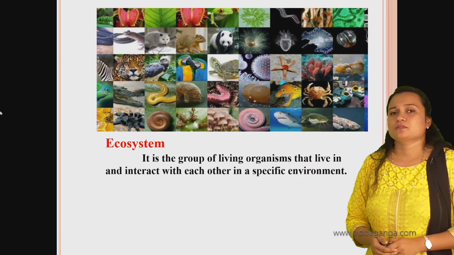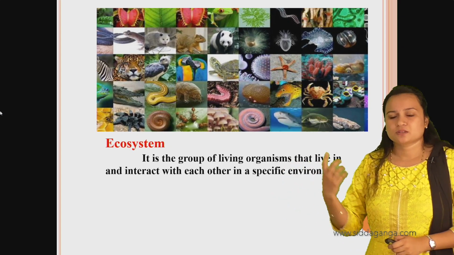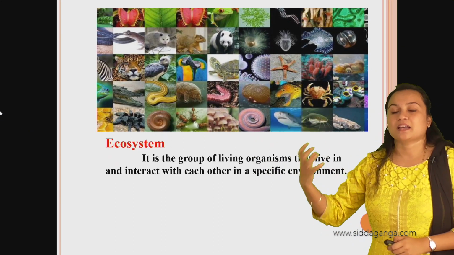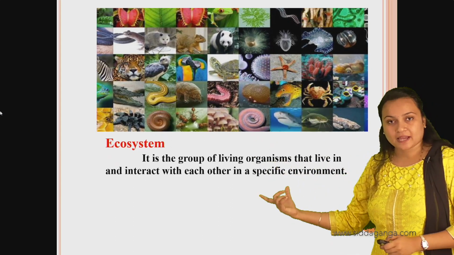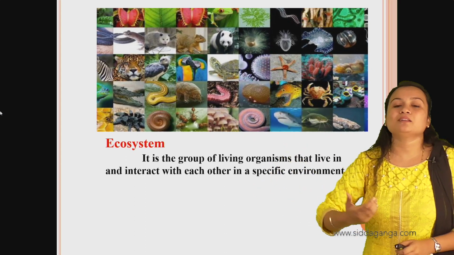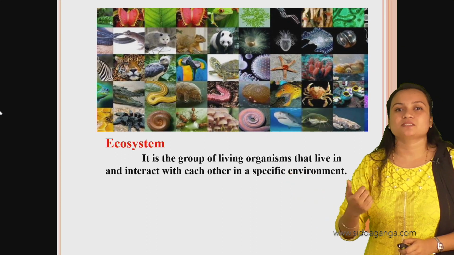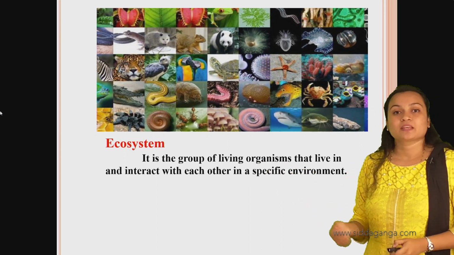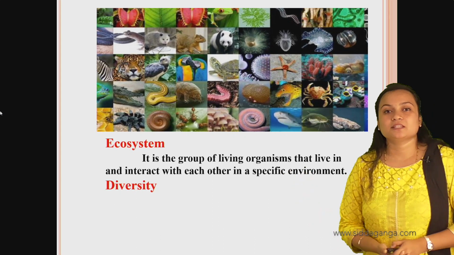This ecosystem is important so that the organisms may have diversity. That means the ecosystem is responsible for keeping all the different types of organisms in its boundary. Now what is diversity then?